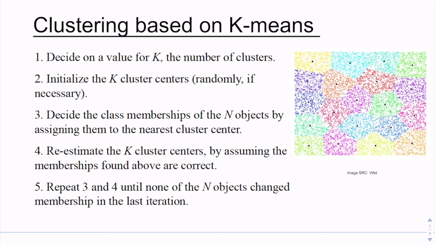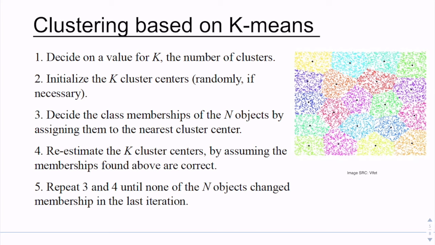So k should be identified upfront. In fact, this is one of the shortcomings of k-means, that we need to know the number of clusters beforehand. But for now, we decide how many clusters are in this data, and then we need to initialize the cluster centers.